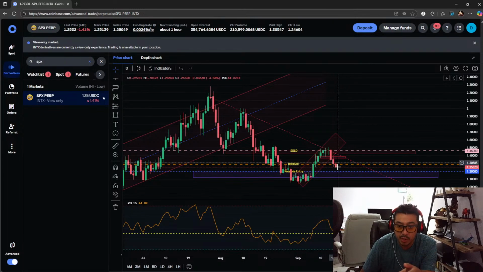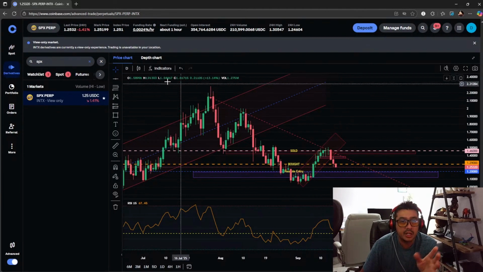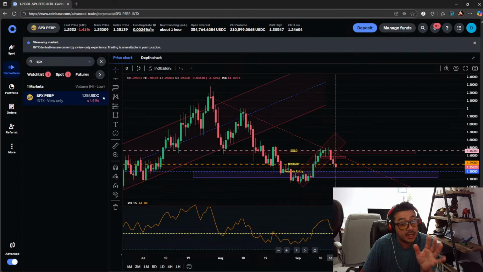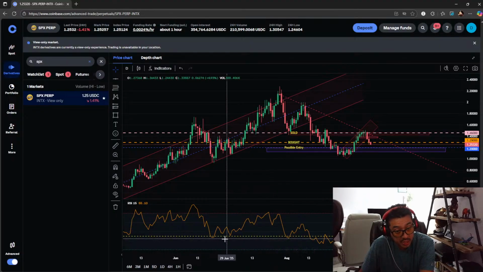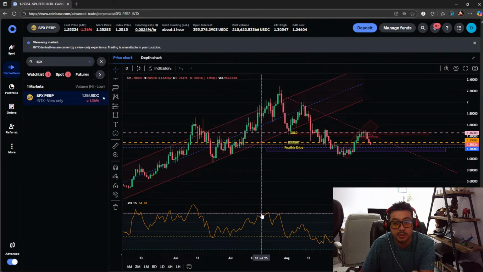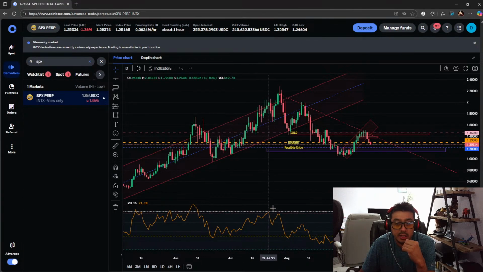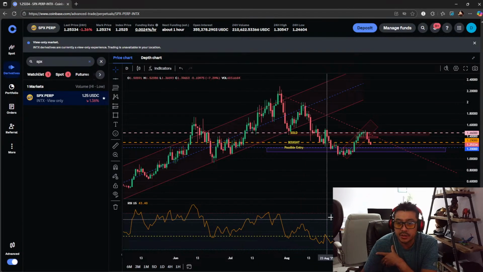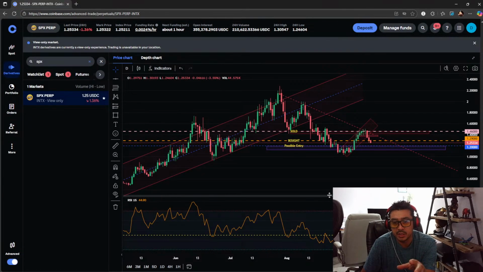Because I've already bought it here, and on my daily it shows that we're just at the halfway point. It may or may not bounce back up. See that? It'll dip just a little bit, or sometimes even touch it, and then bounce back up and hit a new high, or not a new high, but a lower high.